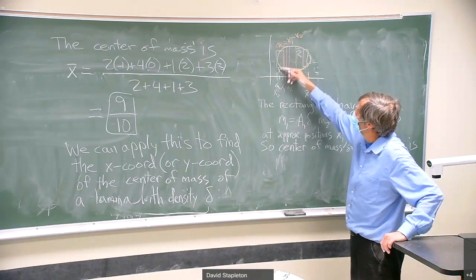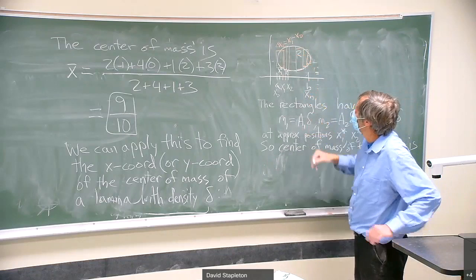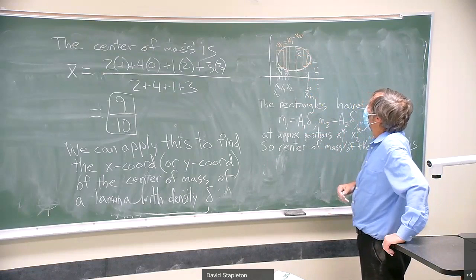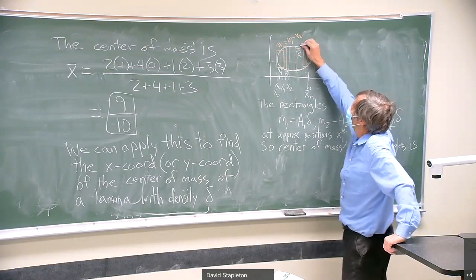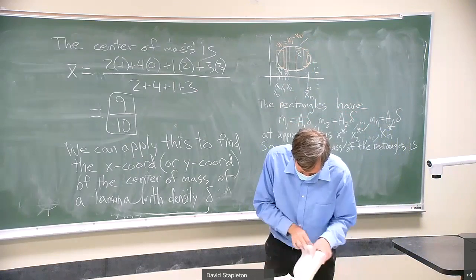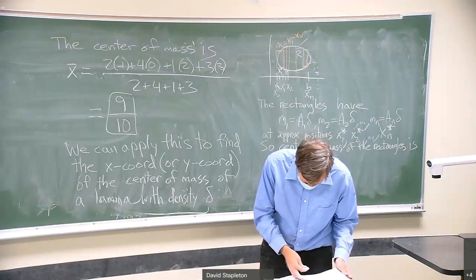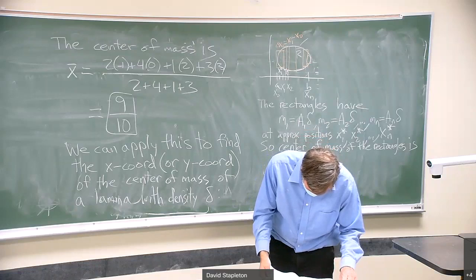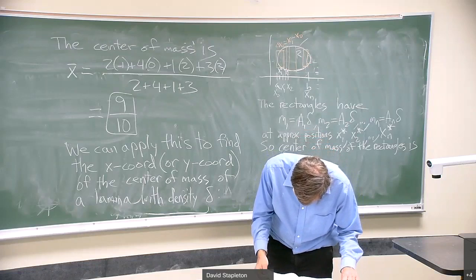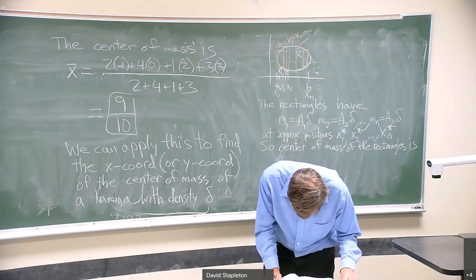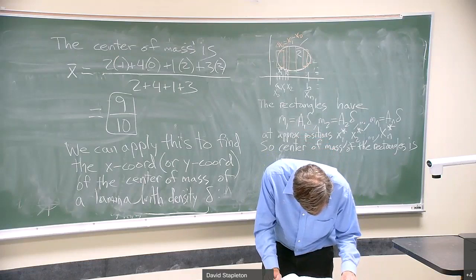A1 is the area of the first rectangle, so it's the height. If we call the top curve, I should call it the same as the book. Yeah, they just called it f of x.